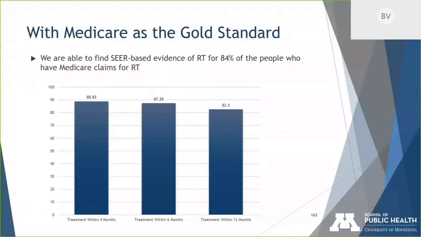We looked at this within different treatment windows. You do see a drop-off in the concordance the longer we expand our treatment window, and this is expected due to, if you'll remember, the definition of SEER-based radiation therapy as it had to be delivered as the first course of treatment, whereas in Medicare, it would be any radiation therapy that was administered.